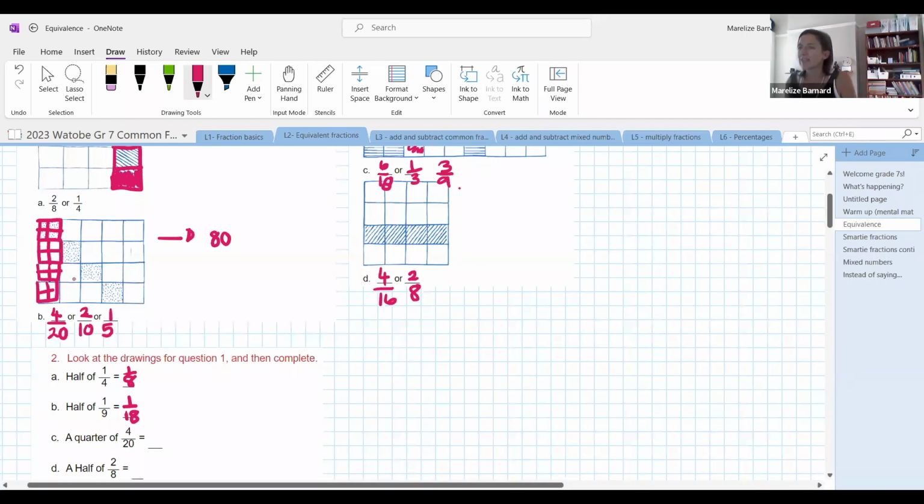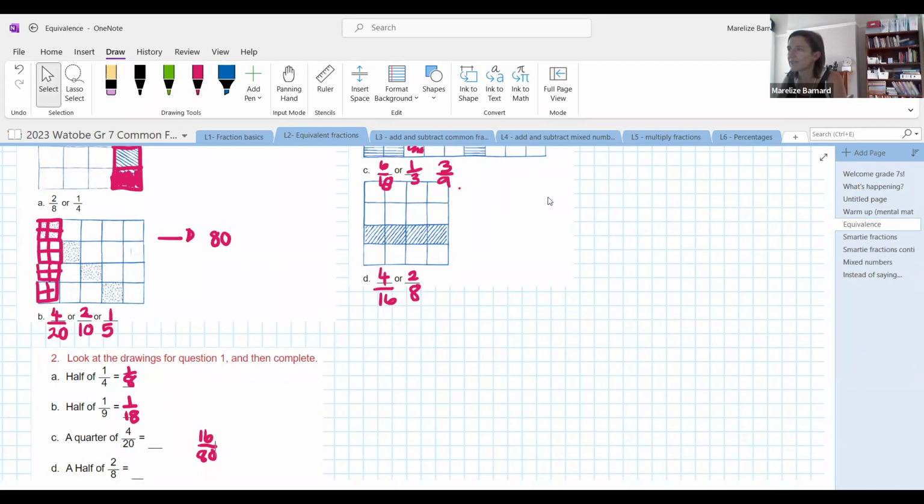If I take a quarter of my pizza and I now divide it into half, I'm actually creating 8s. So a quarter of 20ths, that is going to actually give me 16/80ths. Okay, right, so that's just a way to think about what happens when we are dividing fractions and making them smaller.